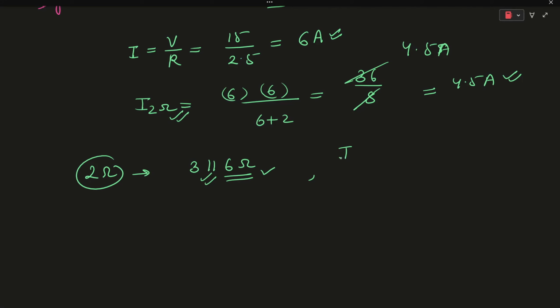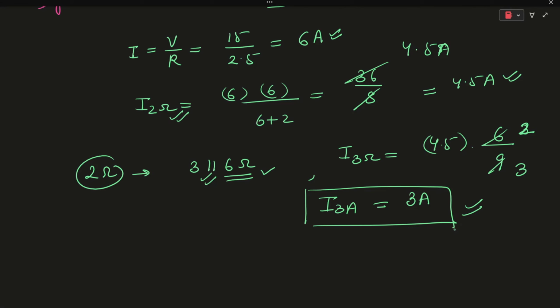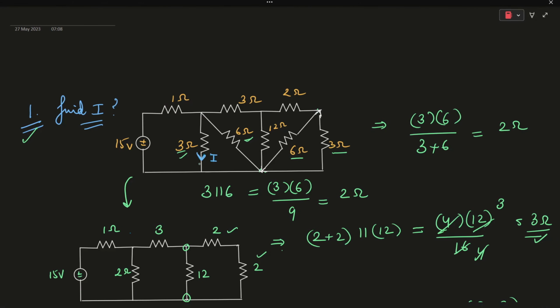So I of 3 ohm will be equal to the total current, which is 4.5, into 6 over 3 plus 6, which is 9. So it will be equal to 3 amperes. So the current flowing through this 3 ohm resistor will be 3 amperes. I hope it is clear how we are approaching the problem.